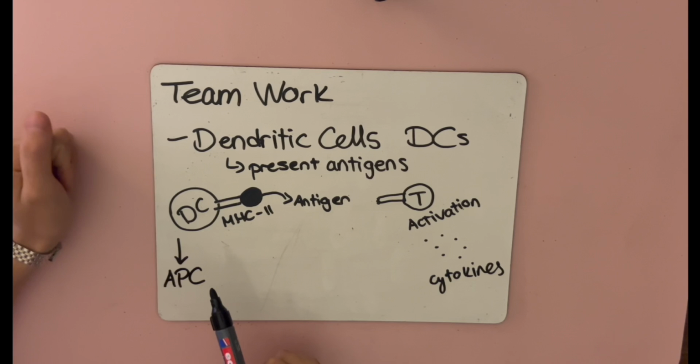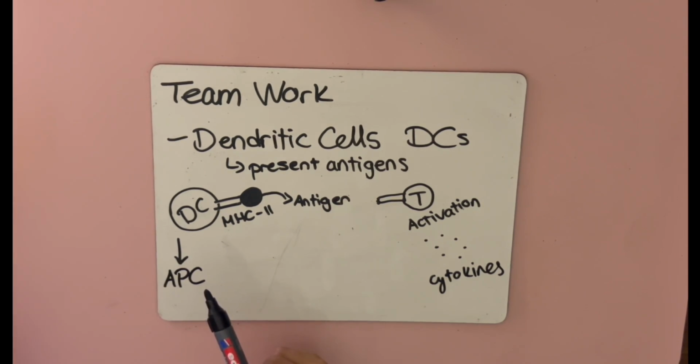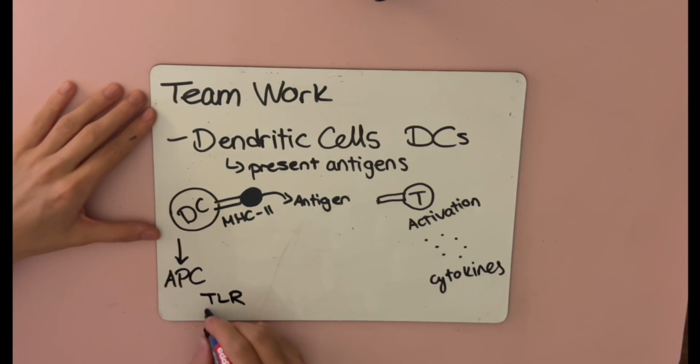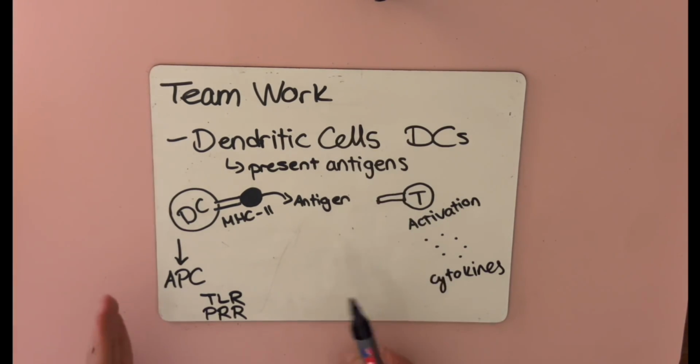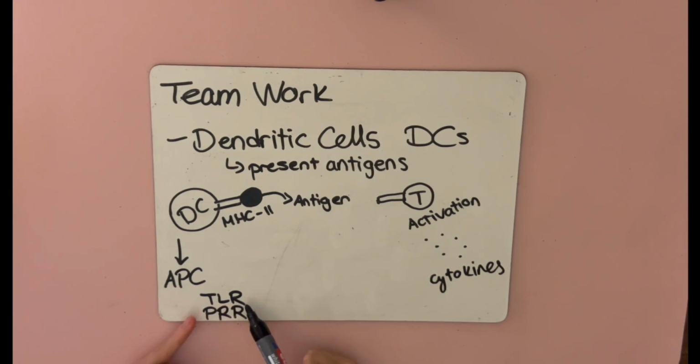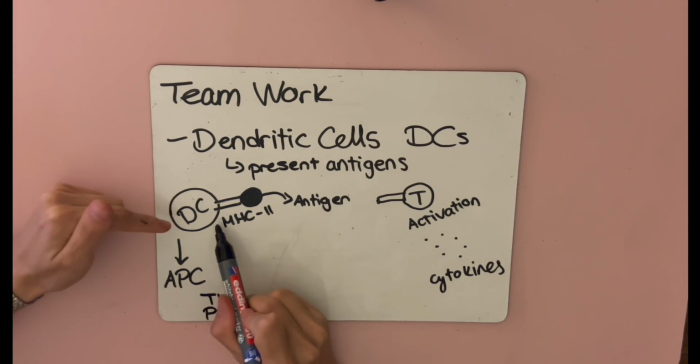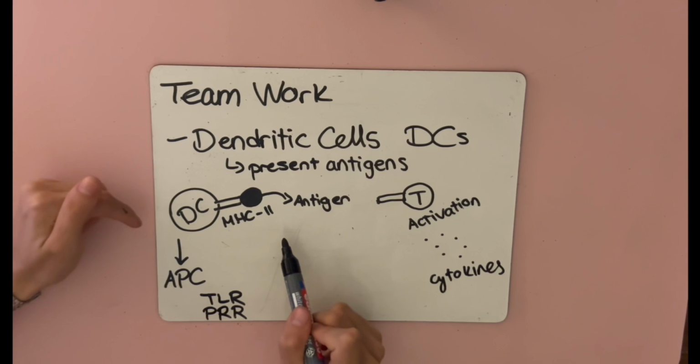They detect pathogens using TLRs and other PRRs. So TLRs are toll-like receptors and PRRs are pattern recognition receptors. So the dendritic cell first detects a pathogen via its TLR and PRR receptors, and then it presents that pathogen in form of an antigen through its MHC2 receptors.